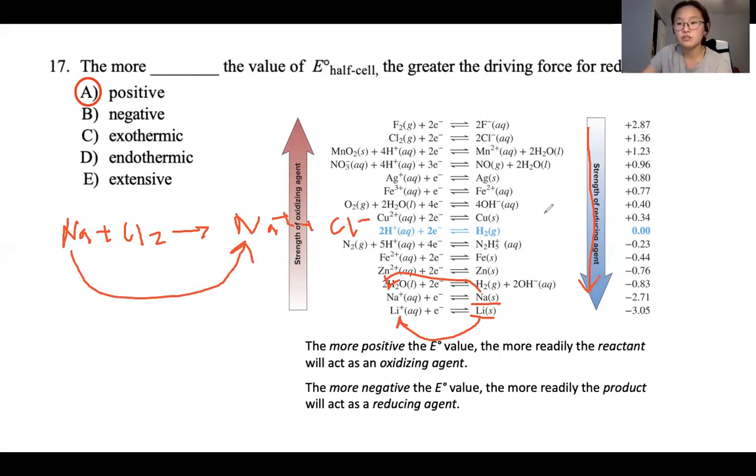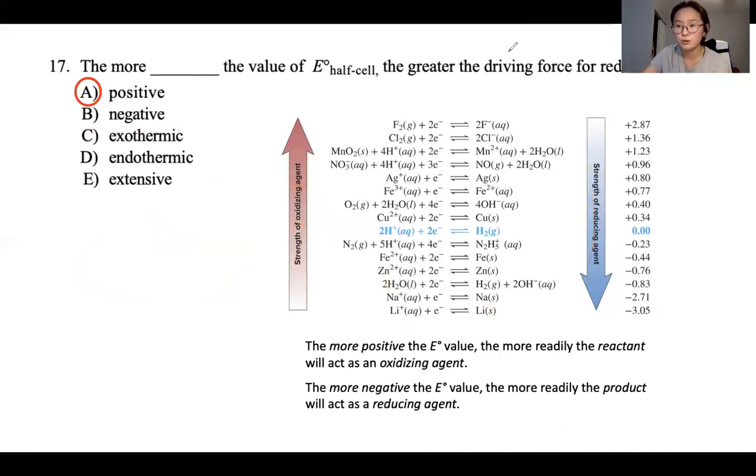So they're very strong reducing agents. Therefore, we'll have a driving force to make Cl2 be reduced. That's the reason why I thought that the answer would be B, but this question is simply asking whether the reactant itself would readily be reduced. That's the reason why the answer is A.